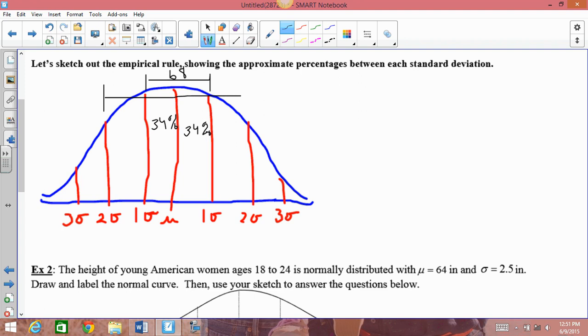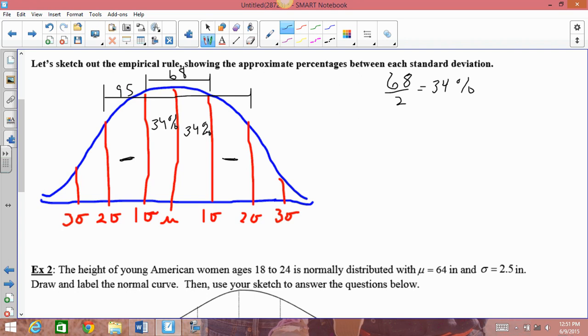Then your next piece of data said that 95% fell within 2 standard deviations above and below. So I want to figure out, okay, well, what goes then in these 2 rectangles? In the previous one I just did 68 divided by 2, and that gave me 34% in each. Well, at this point, I already have 68% because you can see that there's some overlapping here.